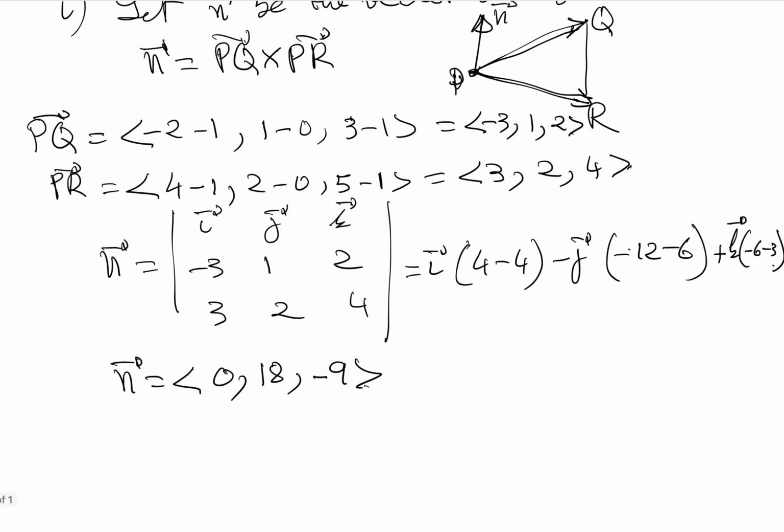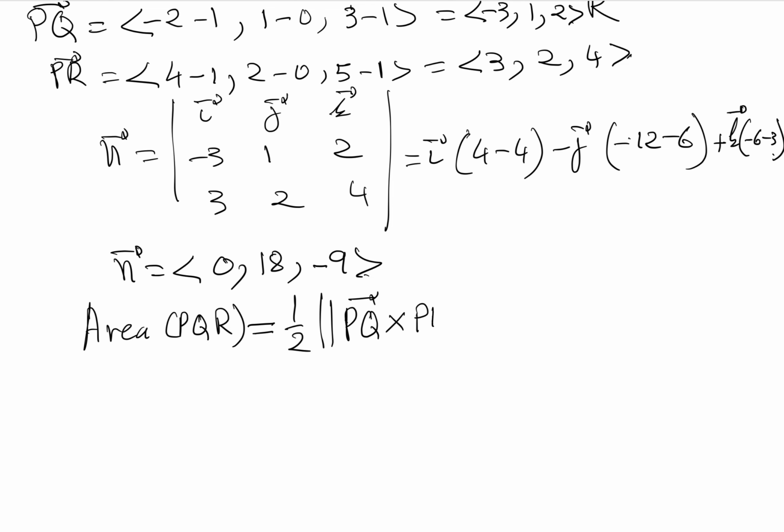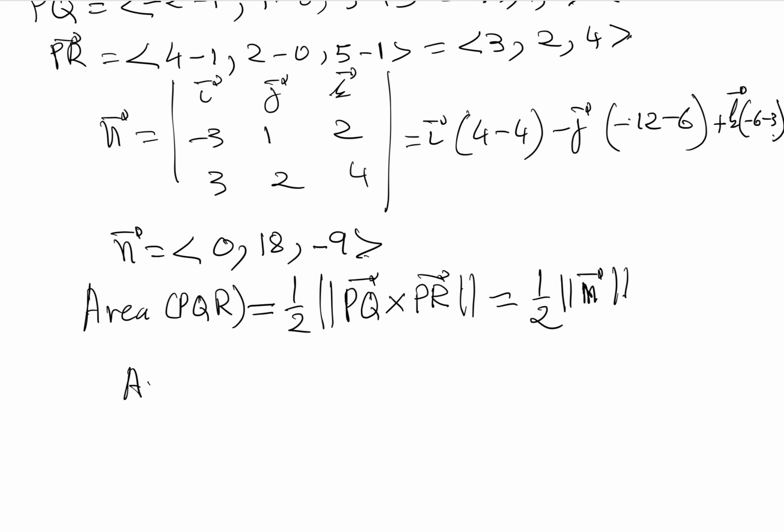The area of the triangle PQR is equal to 1/2 of the norm of the cross product of the PQ vector and the PR vector, which is the same as 1/2 of the norm of the normal vector.